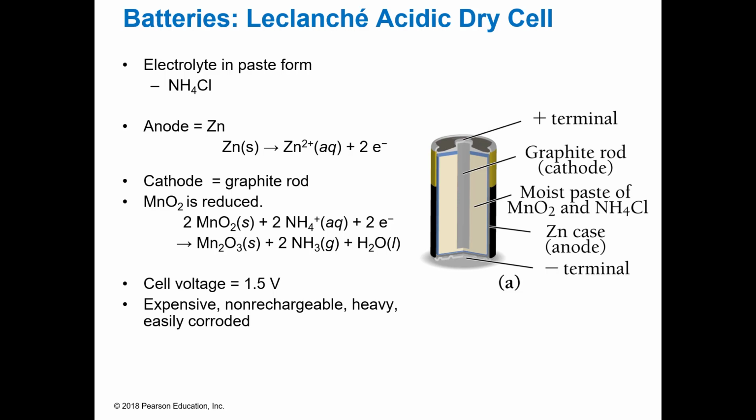All right. So at the anode, what happens at the anode? It's always oxidation. So the zinc is being oxidized, and what's happening at the cathode is the cathode's the graphite rod, and this solution is being reduced.